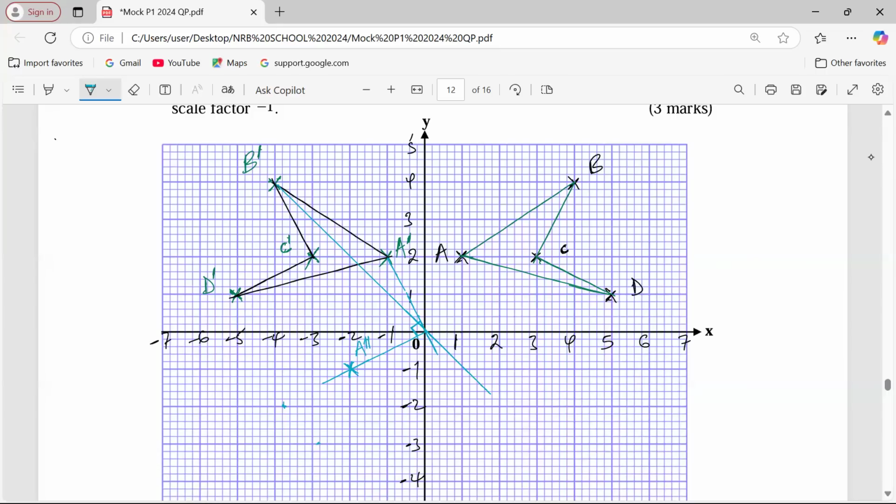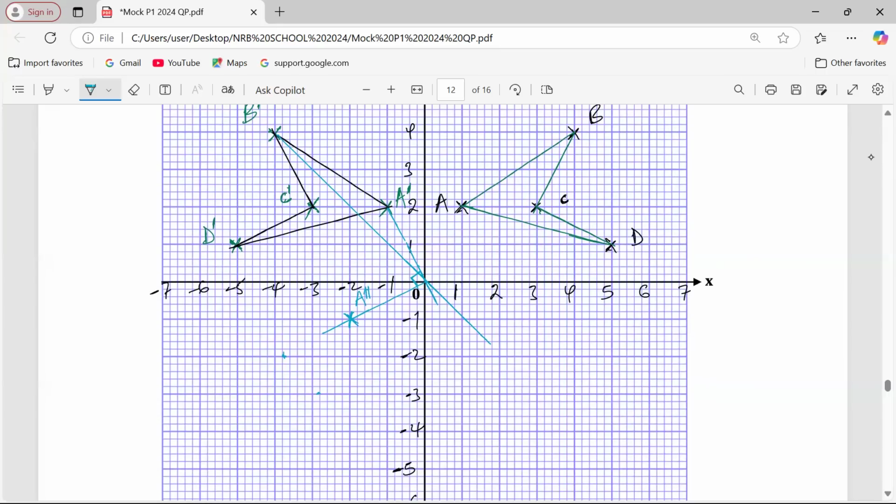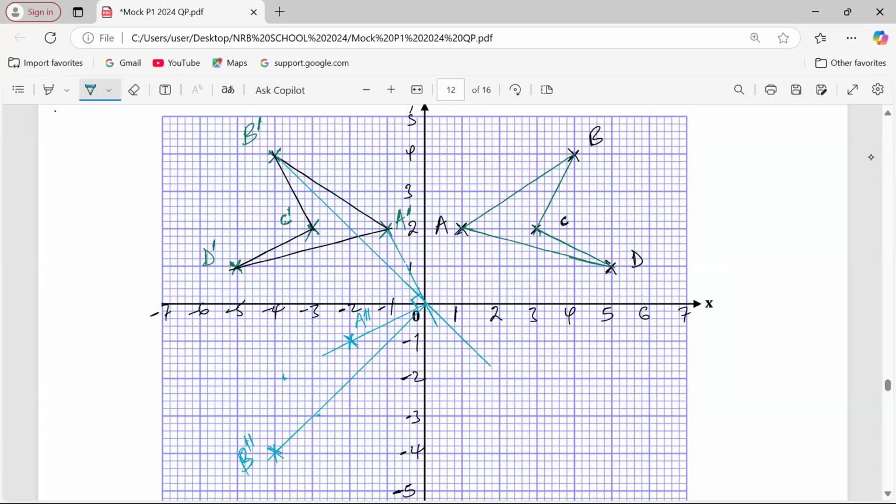Then I measure an equal distance along that line, which will find me at a point like this. This will be my B double prime. Then I do the same for C. So I bring C to the center with a very straight line.